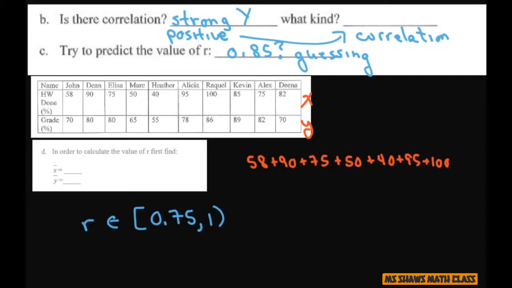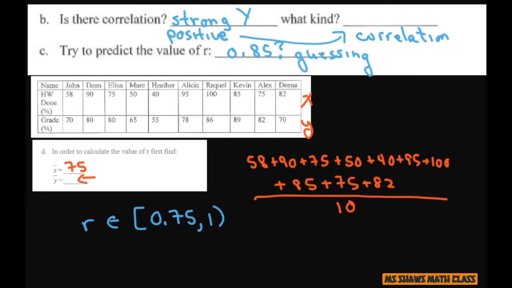I'll put them down here. Plus 85 plus 75 plus 82. Add that up and divide by your total, which is 10. And when you do that, you're going to get 75. And do the same thing for y. Add all those numbers up, and you'll get 75.5.